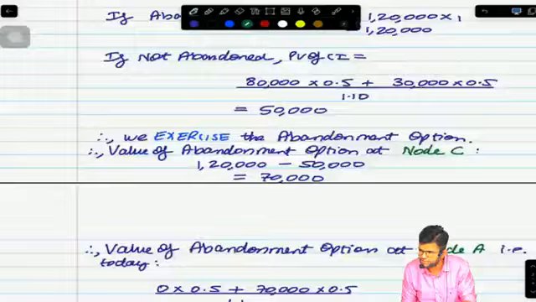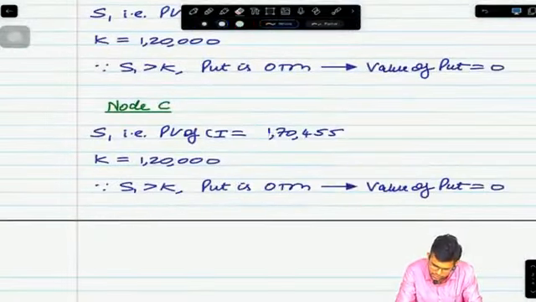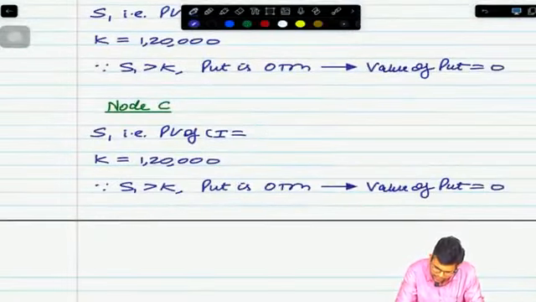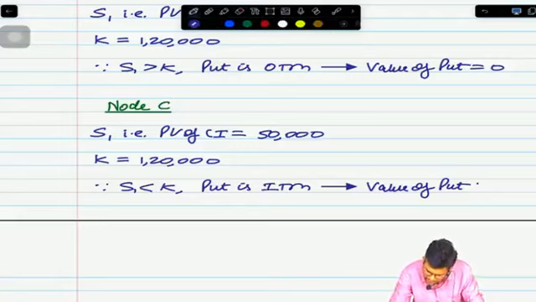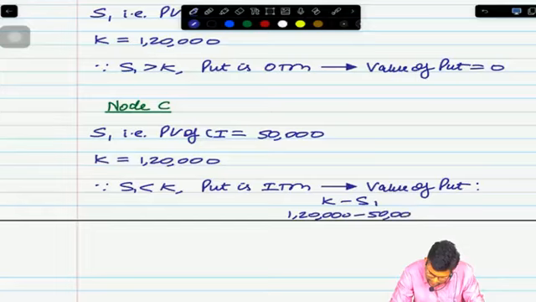So I'm writing here 50,000. Since S1 is less than K, the put is in the money, and the value of put will be K minus S1, 1,20,000 minus 50,000, which is equal to 70,000.